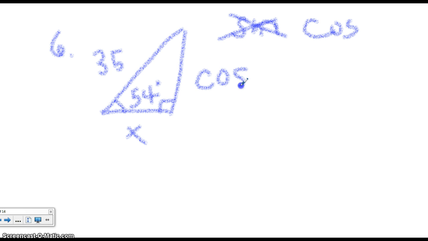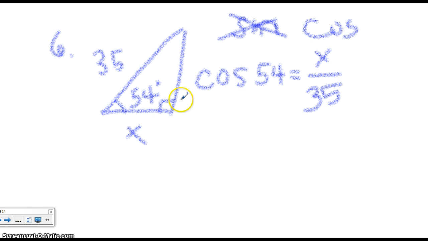So the cosine of 54 degrees equals the adjacent x over 35, I'm sorry, not 35 degrees, 35 meters. Great. I know how to figure out the cosine of 54 degrees. That is the button 2 above the 8. Cosine, cos, 54 equals.